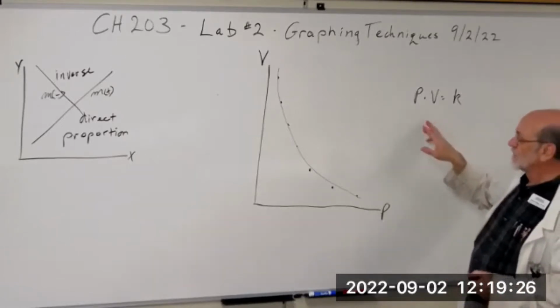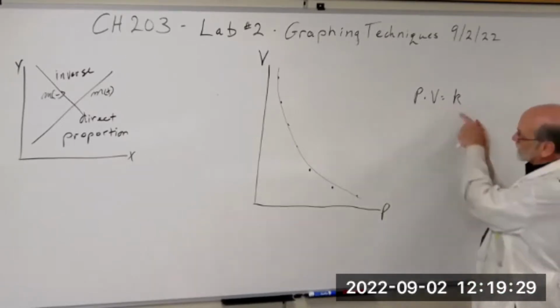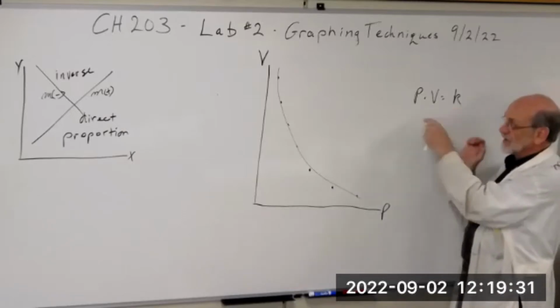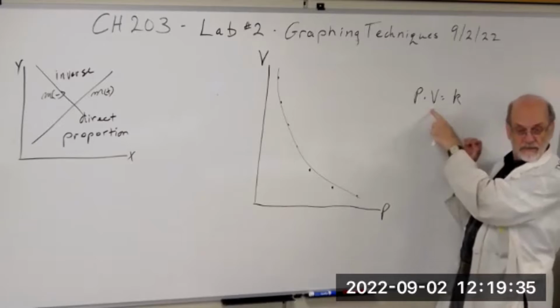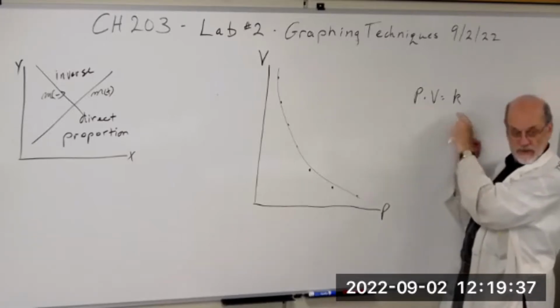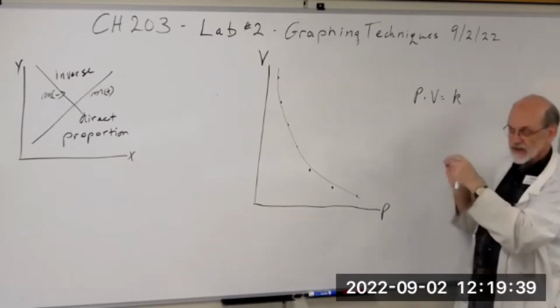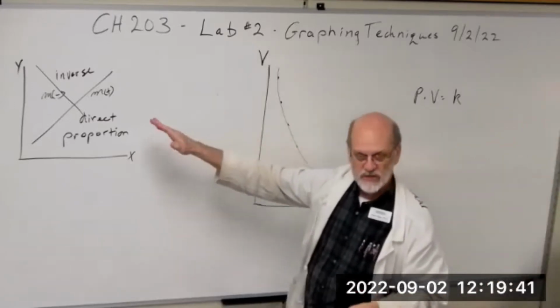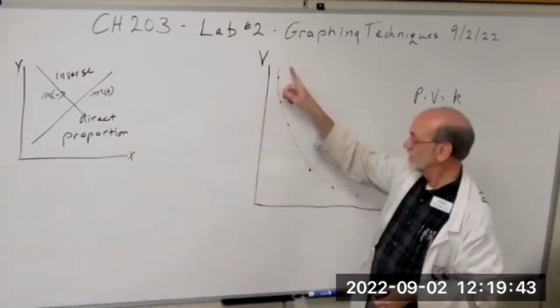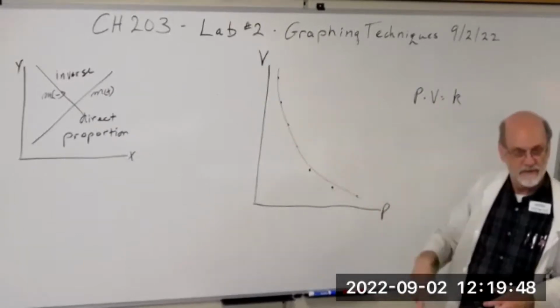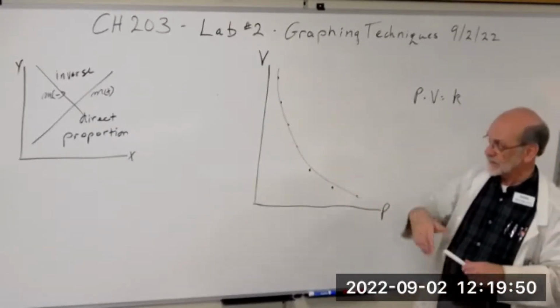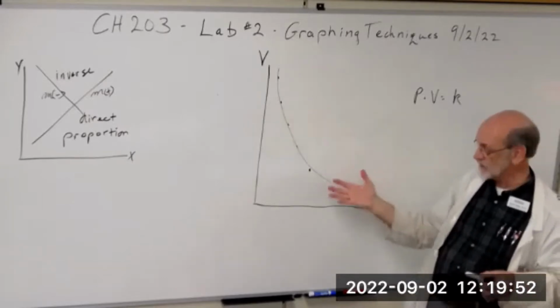But notice that if this is constant, then if this goes up, that has to go down. Or if this goes down, that has to go up. In order to be constant, it has to do that. That's an inverse relationship. So as pressure goes up, volume goes down. But it's not a straight line. That's a straight line relationship, but this is not.